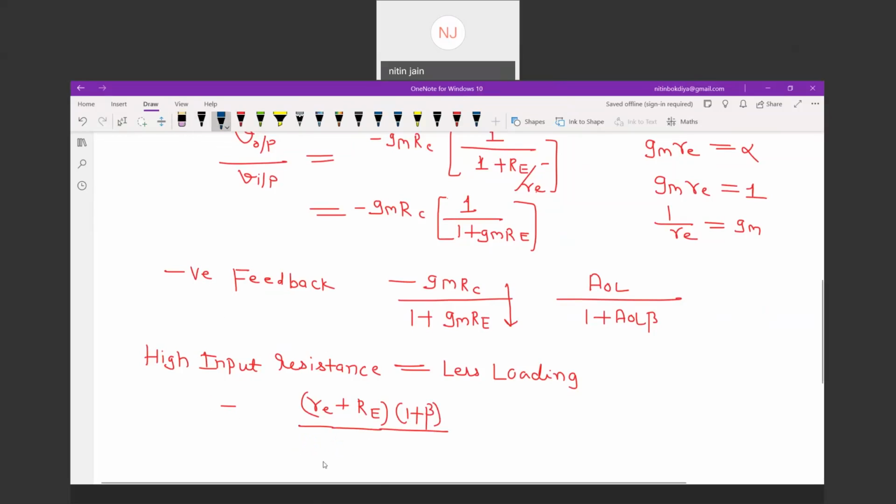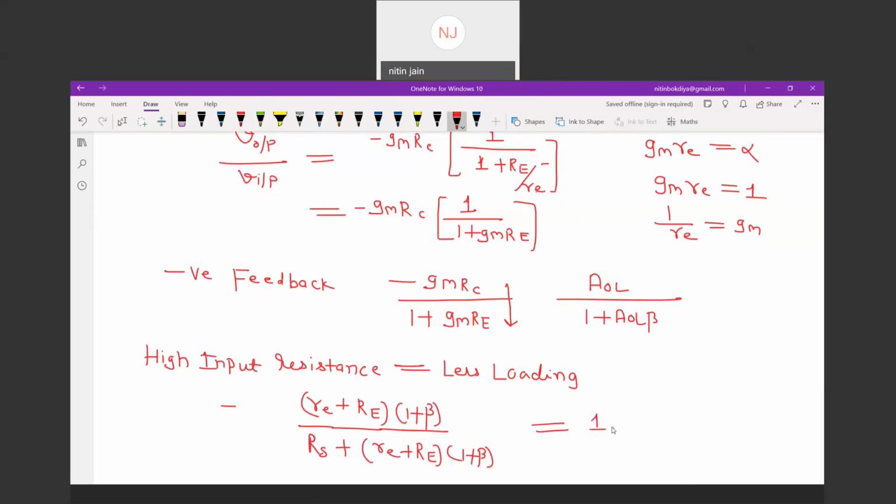So you can say this is rs plus re plus re into 1 plus beta, and we know that re plus re into 1 plus beta is much higher than rs, so loading factor is approximately, you can say, less than 1, but okay, it is less in comparison to the common emitter.